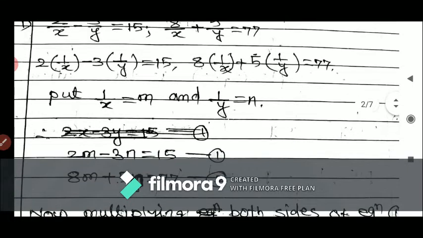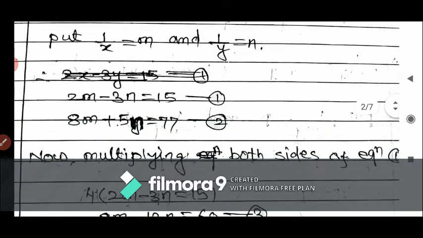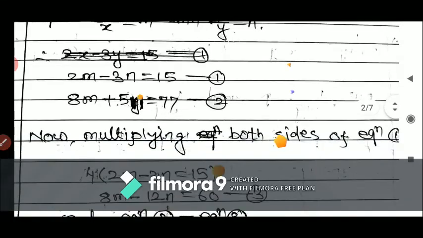That means we take new variables for 1 by x and 1 by y. Then these two equations 1 and 2 are now simultaneous linear equations in two variables. Now these two simultaneous linear equations in two variables can be solved by using any method which you have studied earlier.